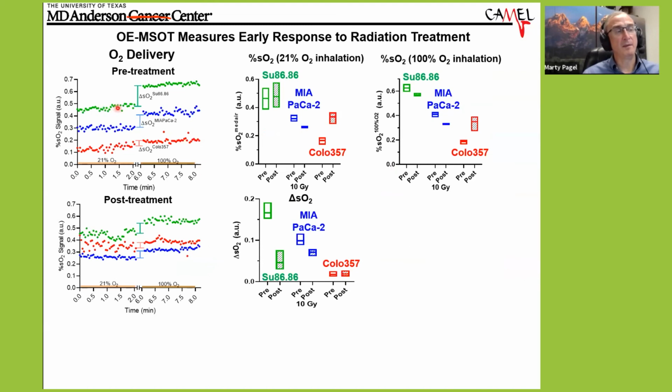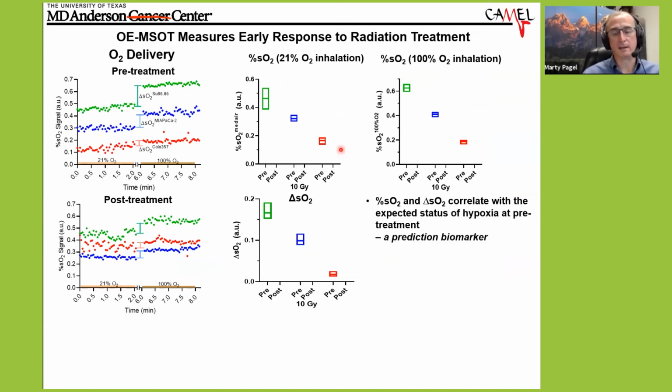So I've taken these percent SO2s and delta SO2 values and plotted them here for you for this normoxic, mildly hypoxic, and hypoxic tumor model again. If we just focus on pre-treatment oxygenation, you can clearly see which tumors are normoxic, mildly hypoxic, and hypoxic using either one of the gases or this available oxygen capacity. Again, hypoxic tumors just don't have any capacity to take up more oxygen.